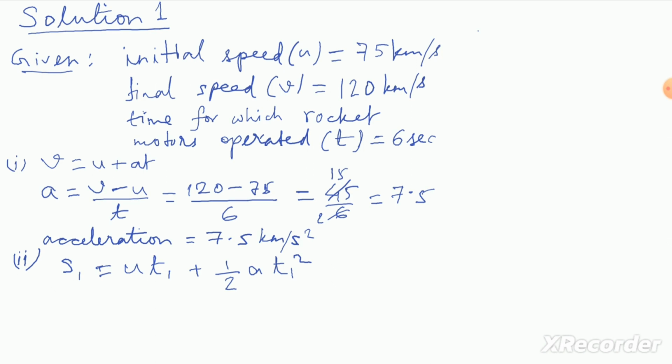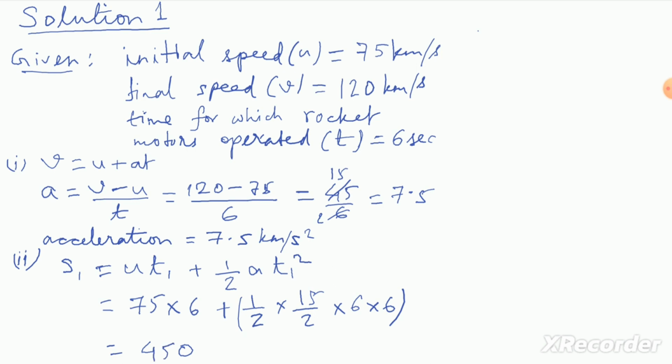So the first part of the displacement, how much will you get? u is initially 75 km per second. So 75 into 6 plus half into acceleration, which turned out to be 15 by 2. Let us take it as a fraction, it will be easier for calculation. Into t square, means 6 square, so 6 into 6. Now 75 into 6: 6 5s are 30, carry 3, 6 7s are 42, plus 3 is 45.